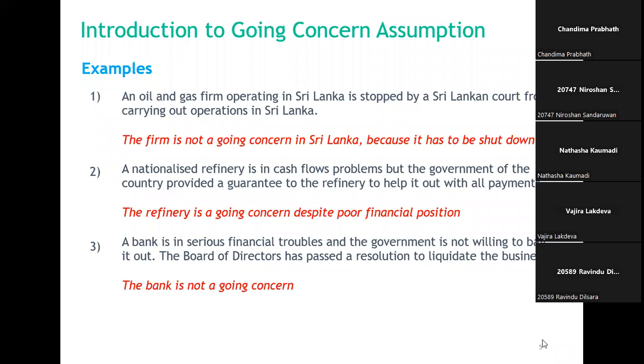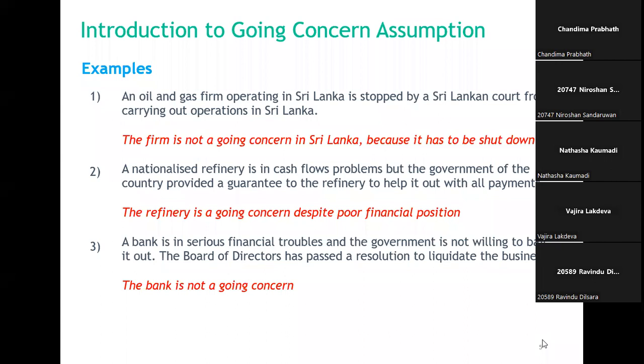So there are events or conditions that may cause significant doubt on this particular entity's ability to continue as a going concern, but there are mitigating factors. Accordingly, despite the events or conditions, the use of the going concern assumption is appropriate because, based on the management assessment of going concern, the government of the particular country has provided a guarantee to the refinery to help it out with all payments.